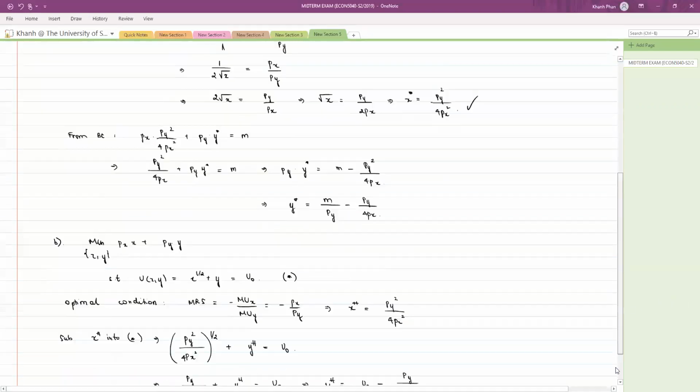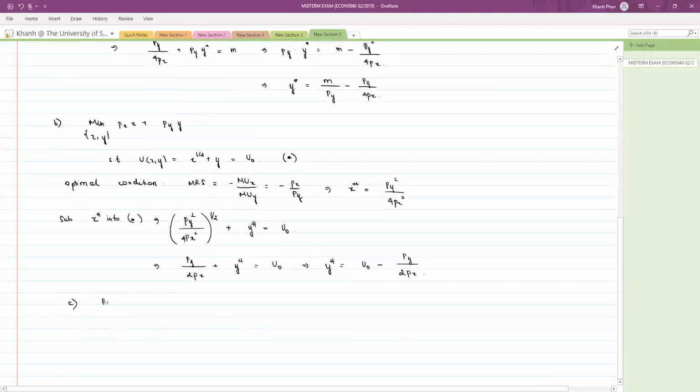So x star, which is the Marshallian demand, is equal to x hash, which is equal to py squared over 4px squared, which has no m in it. Therefore, x star and x hash do not depend on income, so an increase in m will not have any effect.